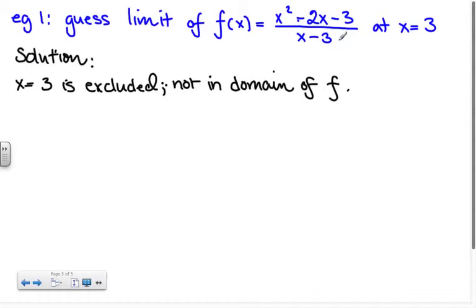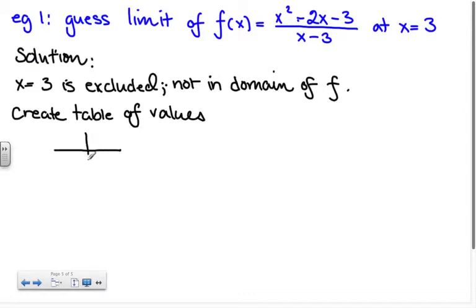So the idea here is to create a table of values so that this occurs. So now, we create our table of values by doing this.